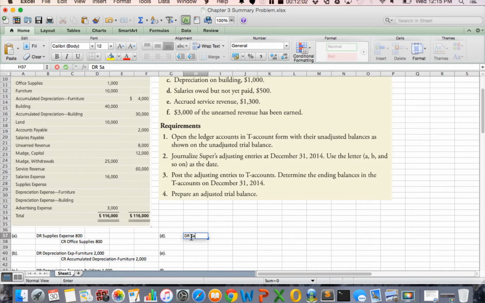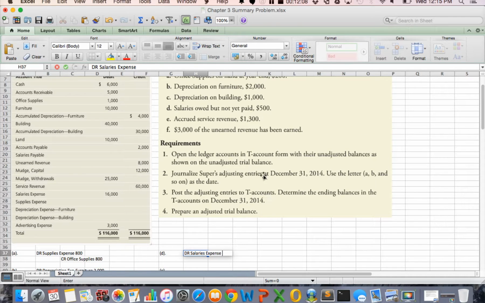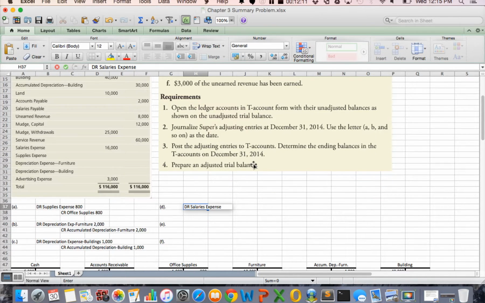So debit to salaries expense, and the amount was $500. Credit to salaries payable, $500. Okay. If you weren't really paying a ton of attention, you might say, "Oh, this salaries payable could be accounts payable." Okay.